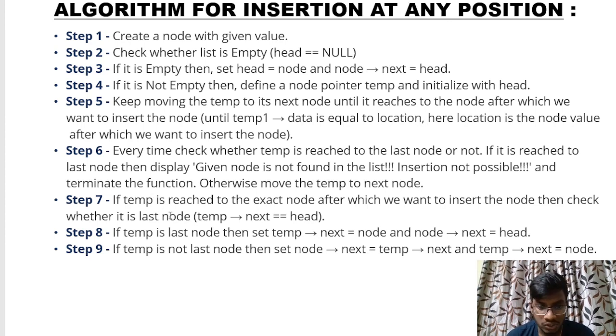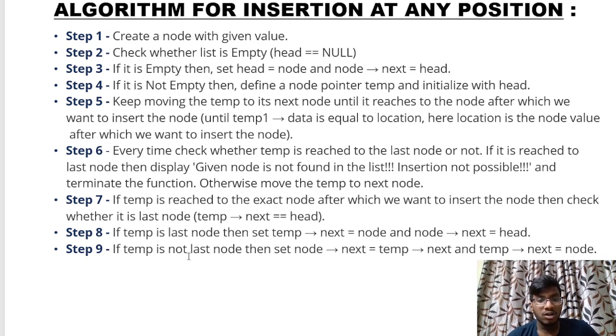If it is the last node, then we set the temp of next to the new node address and new node of next equal to head. That is nothing but we are inserting at the end position. So we are changing temp of next to the new node address and new node of next equal to head. That is nothing but we are assigning the head variable to the new node.